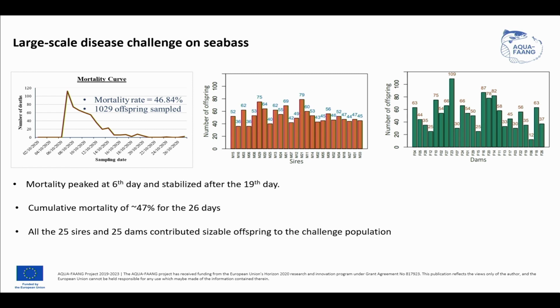The challenge study was stopped when we saw no more deaths. And from the cross, we see that indeed all the dams and the sires contributed quite well to the population that we studied.